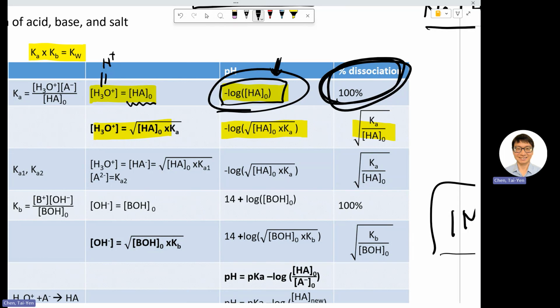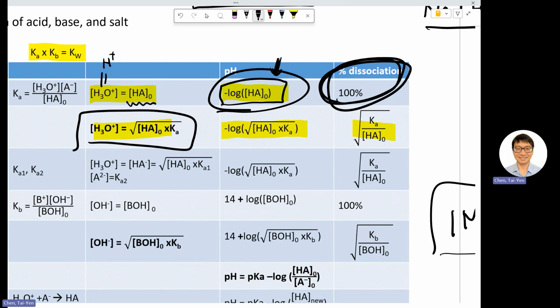The second solution we talked about so far is the weak acid, right? By going through all these ICE tables and the small x approximation, you know the proton concentration can be calculated through this: the square root of your weak acid concentration multiplied by its equilibrium constant.